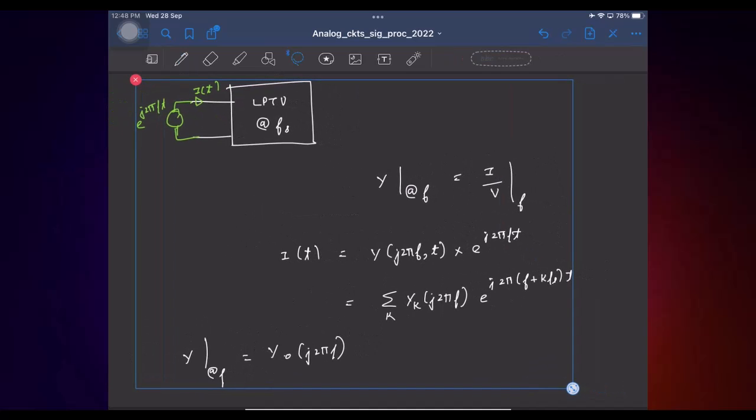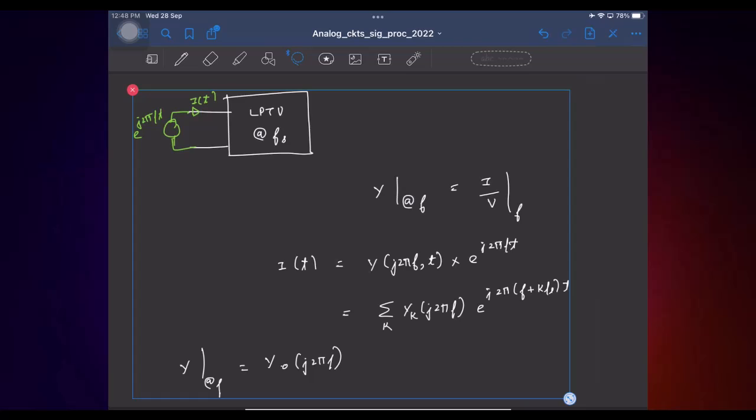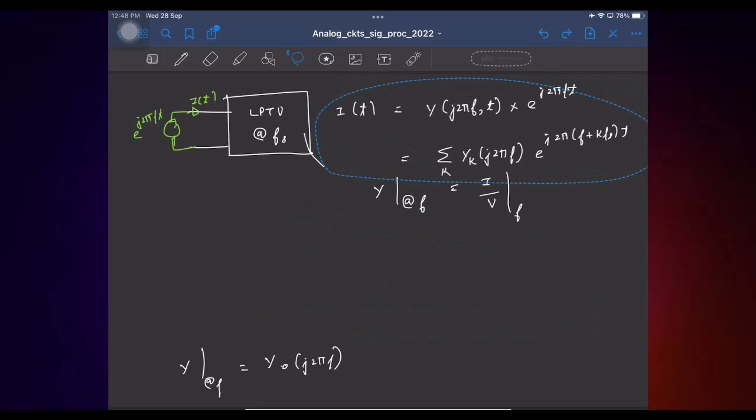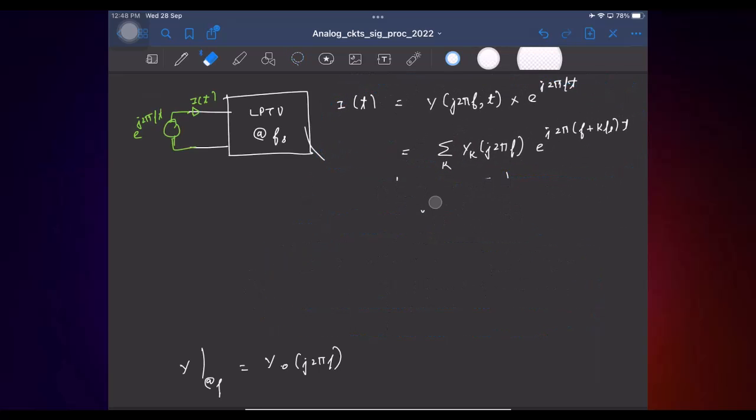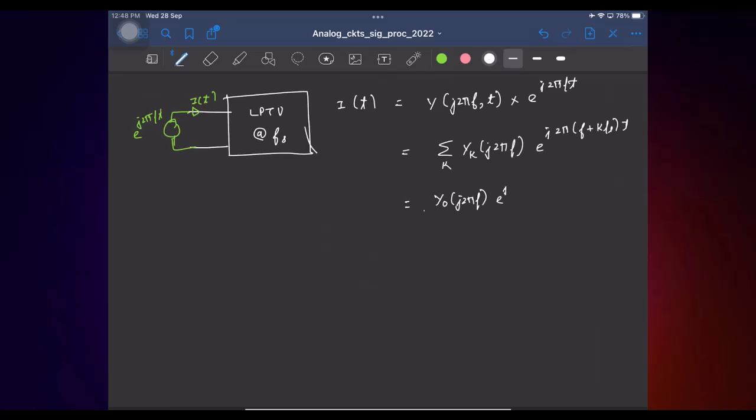Okay. So now I know that this is the current. I'll probably split it like this: Y0 of j 2 pi f times e power j 2 pi f t plus all the other terms.